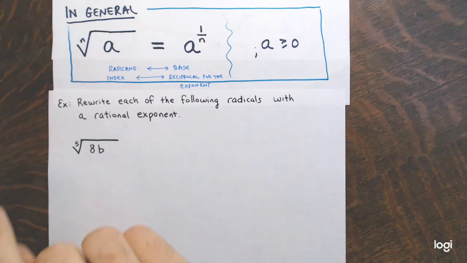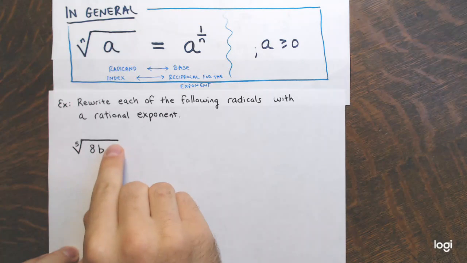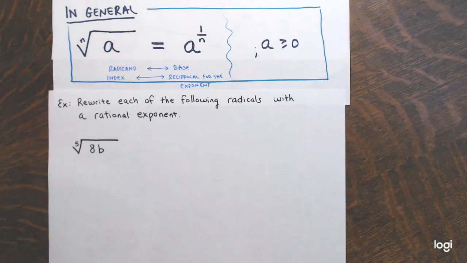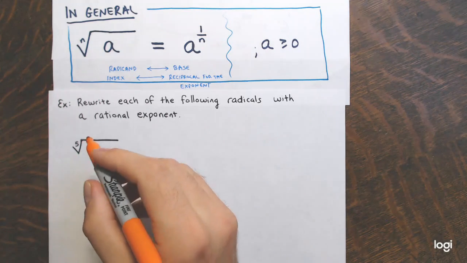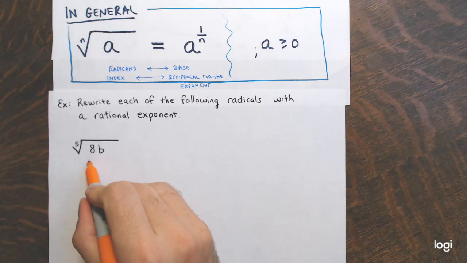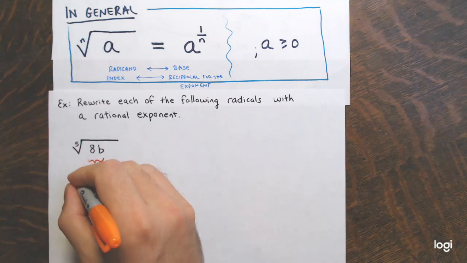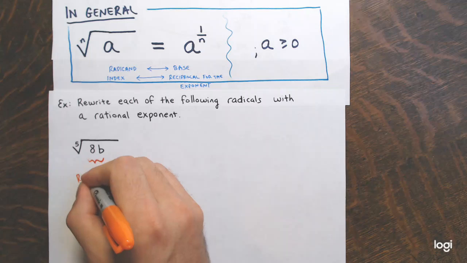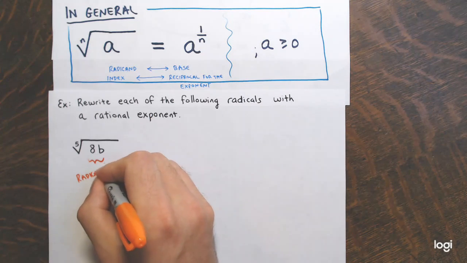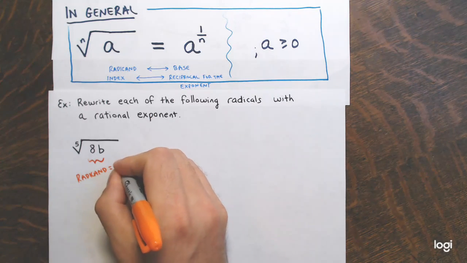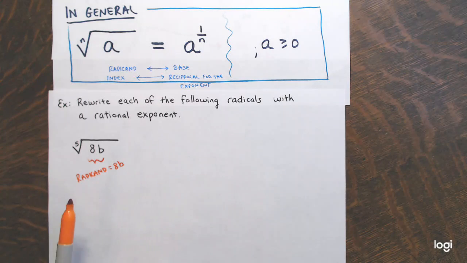Okay, so look here. I've got the 5th root of 8b, b as a variable again. So the radicand is this 8b, right? And that'll become the base of the exponential statement I write.